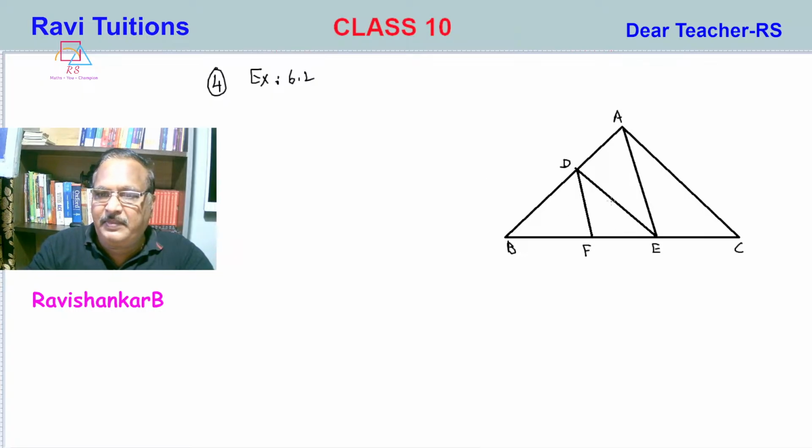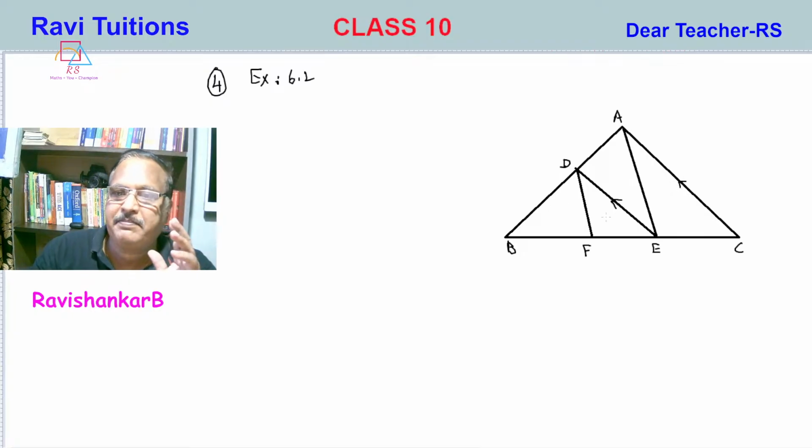Let me indicate parallel symbols so that you will understand. In your mind you will get a map. So this is also parallel, 2 arrow marks showing both are parallel. So I told you, you can apply the basic proportionality theorem when there is a triangle and a line parallel to one side.